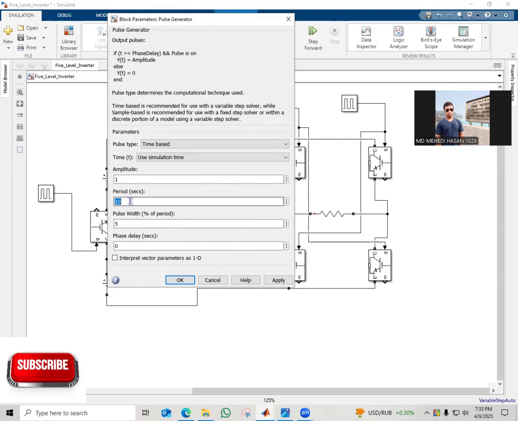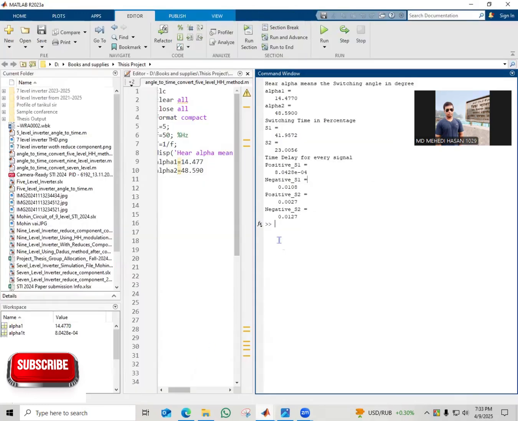Now this is the main part. We have to put the period in seconds, which is 0.02, and our pulse width as a percentage of the period, which will be taken from here.